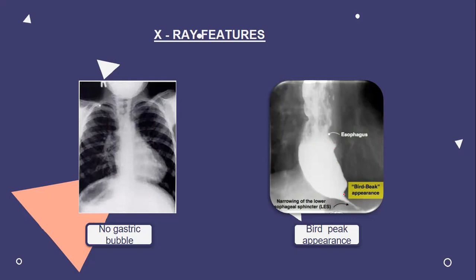So here we have the dilated esophagus body, and then we have a pointy end of the esophagus, which is related to the lack of relaxation of the muscular layers, right? So this is the peak appearance sign. This is a sign, okay?